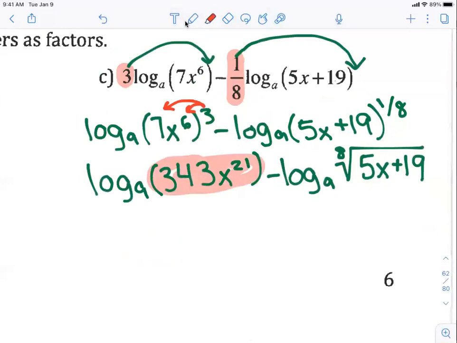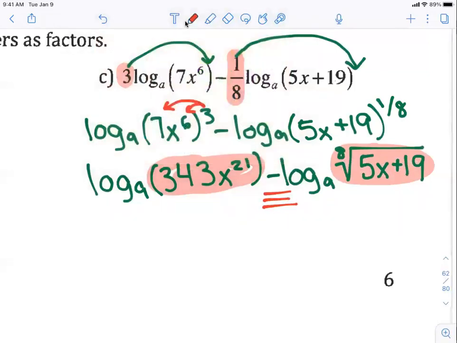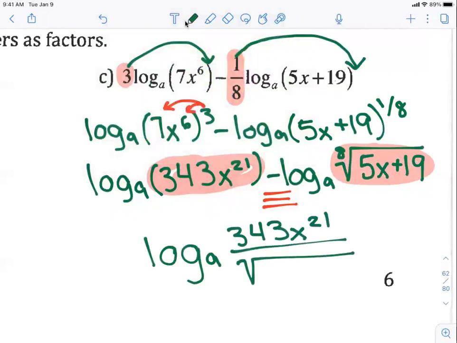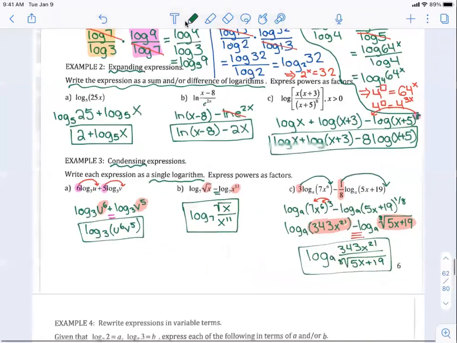I can condense this into 1 log base A. Those are the two things I'm going to end up dividing. So again, because we're subtracting there, I can condense it into 1 log A with 343x to the 21st on top, all over the 8th root of 5x plus 19. Done. I've written it as a single logarithm, just like it asked.